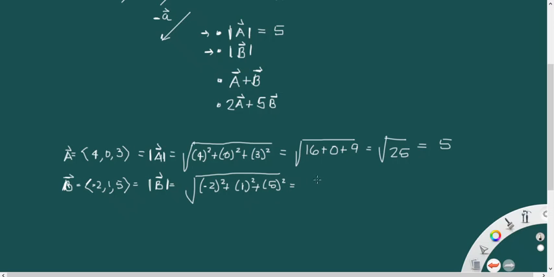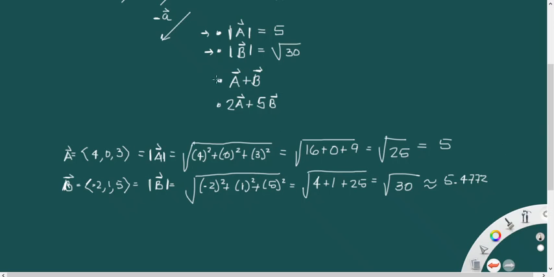This equals 4 plus 1 plus 5 squared is 25, and we'll take the square root of that, and that is the square root of 30. So this is an approximate result of 5.4772. For this length of B, the exact result is the square root of 30.